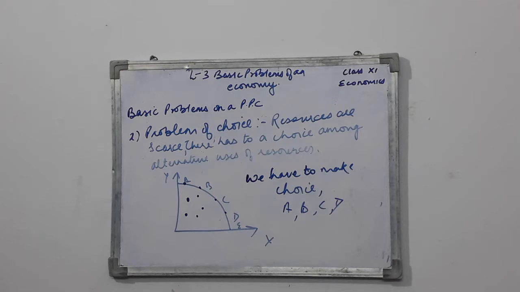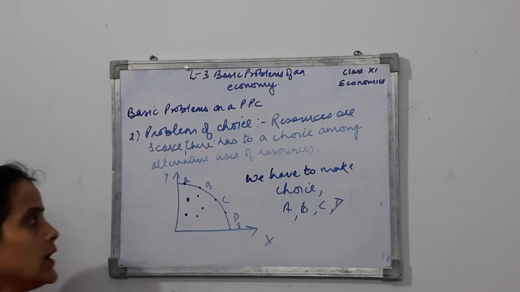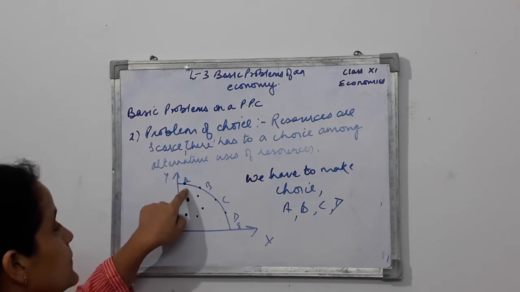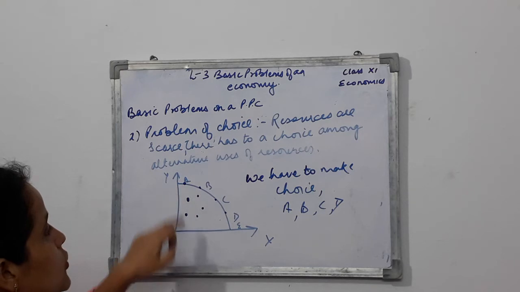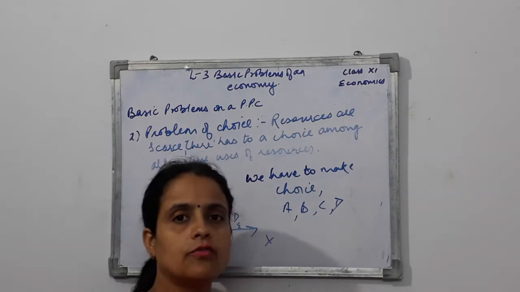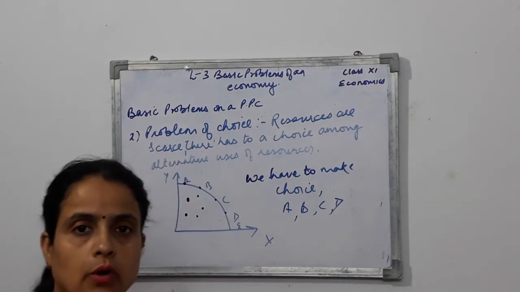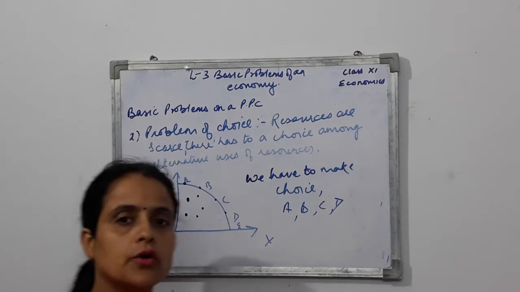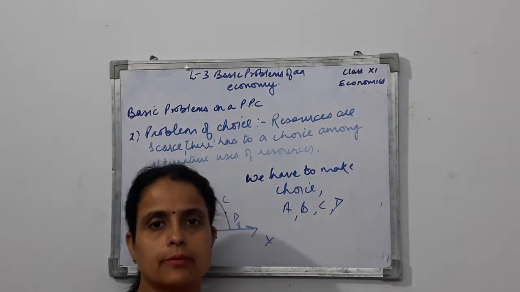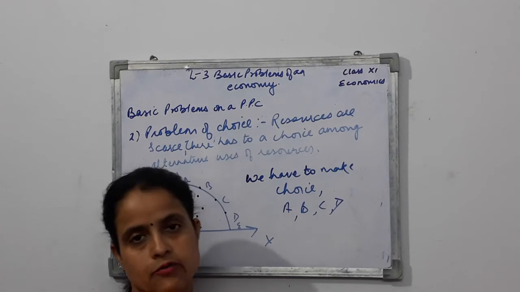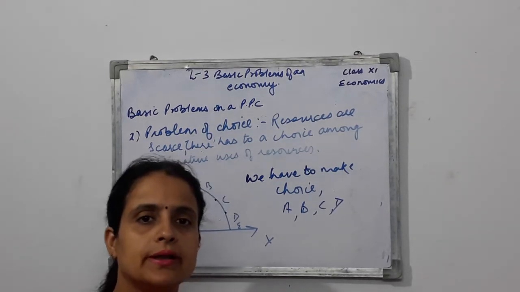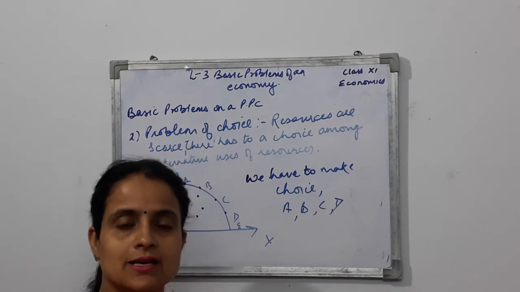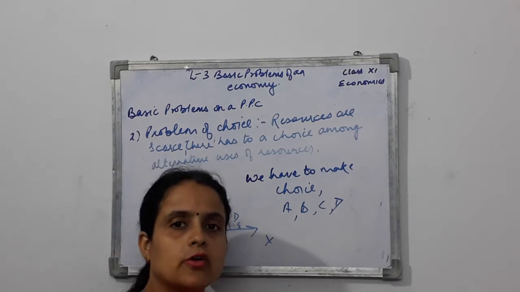On the PPC, the only way to raise production of one good is to lower the production of the other good. Because if I go for production A, then I have got different quantities. If I go for B, I have to lower down the production of Y commodity, that is commodity 2. So in order to produce more and more of commodity 1, commodity 2 has to be sacrificed, because resources are limited. And how much to produce of which commodity and how much to sacrifice of another is again a matter of choice.